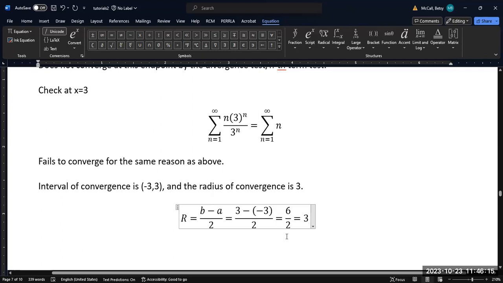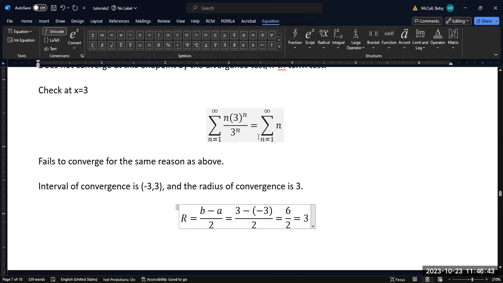Now, for these power series convergence problems, you're going to do a lot of ratio tests and a lot of root tests. The other series tests are going to come into play when you test these endpoints. So you may end up with a p-series, or you may have to do a limit comparison if it's very complicated, though that's somewhat unusual.